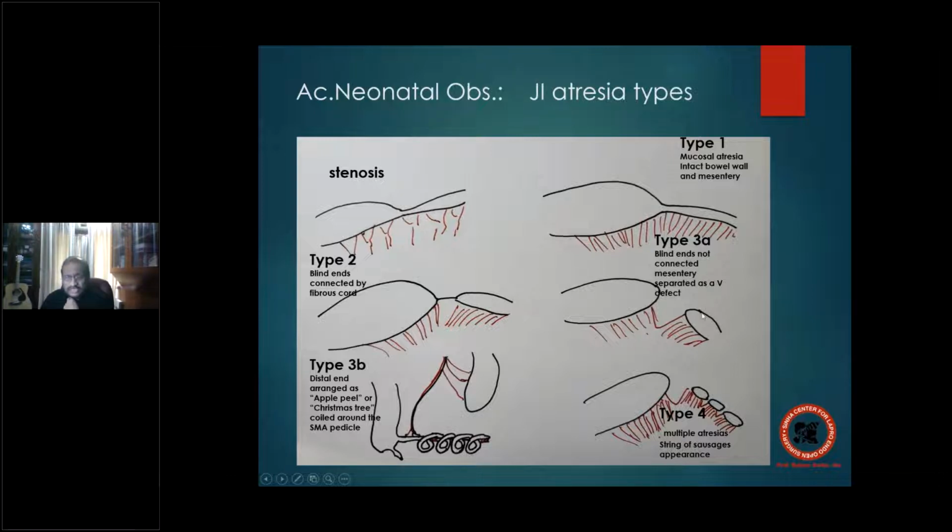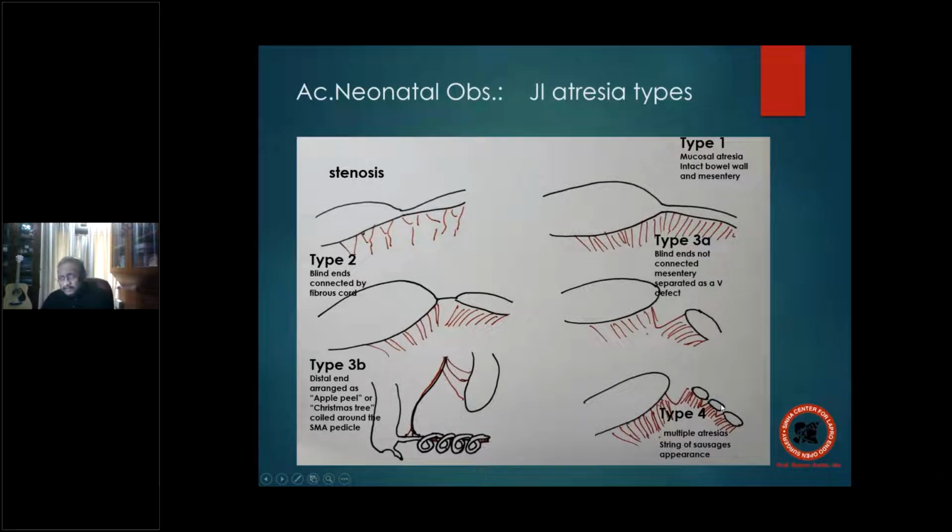Now, this distal segment has coiled around the superior mesenteric artery pedicle, giving it an apple peel appearance. When you use a peeler to peel the apple, it comes out in concentric rings. So this is the apple peel or Christmas tree coiled around the superior mesenteric vessels pedicle, and that is type 3B.